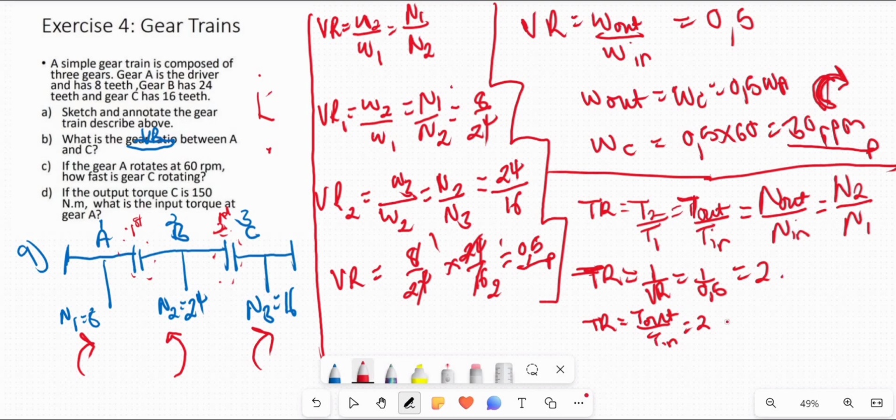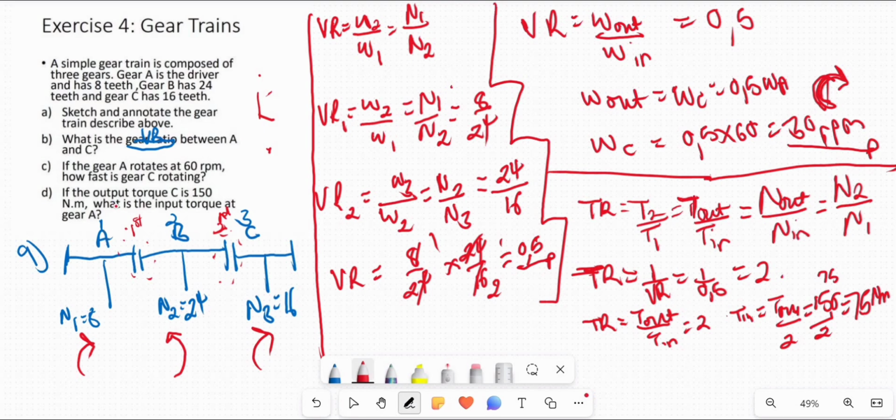We can make it the subject of the formula. So T input is equal to T out over 2, which is equal to 150 over 2. What's 2 into 15? 7, carry 1, 5, which is equal to 75 Newton meters. I hope this is clear.